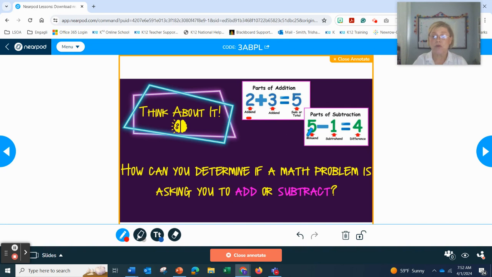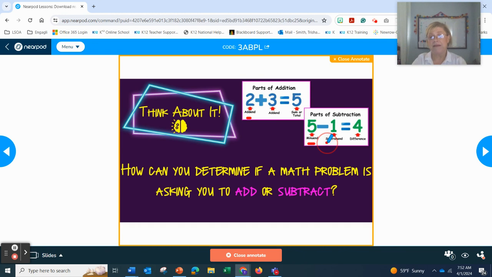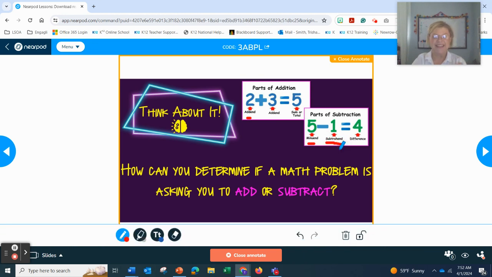When we are subtracting, the number we begin with, that total number we begin with, is called a minuend. And the amount we take out from that minuend is called a subtrahend. Those are big fancy words, but it's good to know.